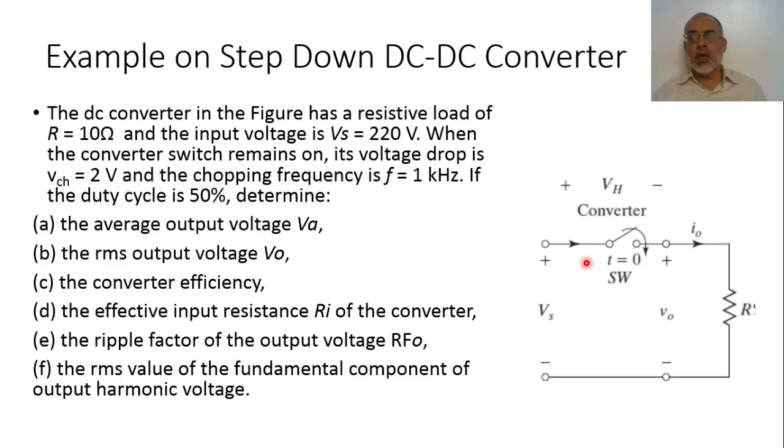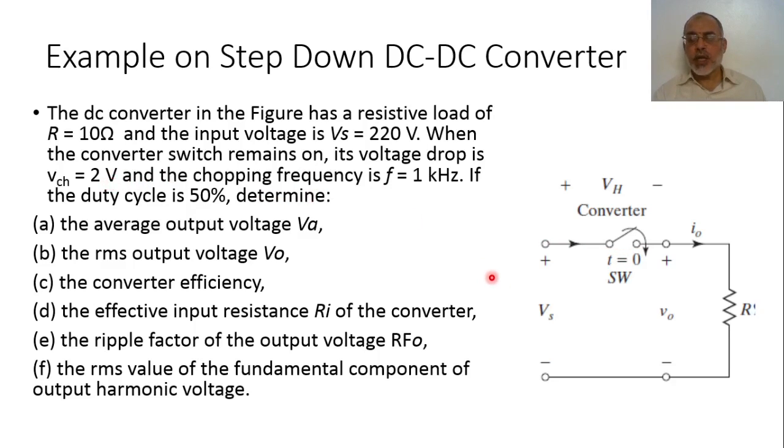Here, it is not assumed that the switch is an ideal switch. No, it is assumed to be a practical switch and there is a voltage drop on the switch. So when it is on, there is a voltage drop at the switch equal to 2 volts.